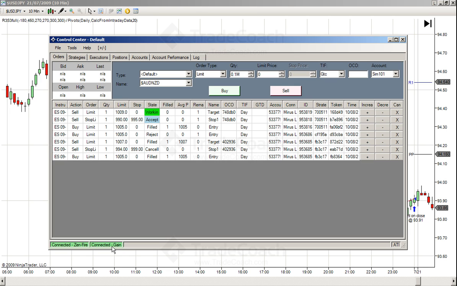So I can right now bring up an E-mini chart and an FX chart at the same time, and they'll both be providing me data. For you guys with a free account, you can use both. You can use Gain and ZenFi, but you have to log out of one and into the other. That's the only difference. You can have both, absolutely, please do.